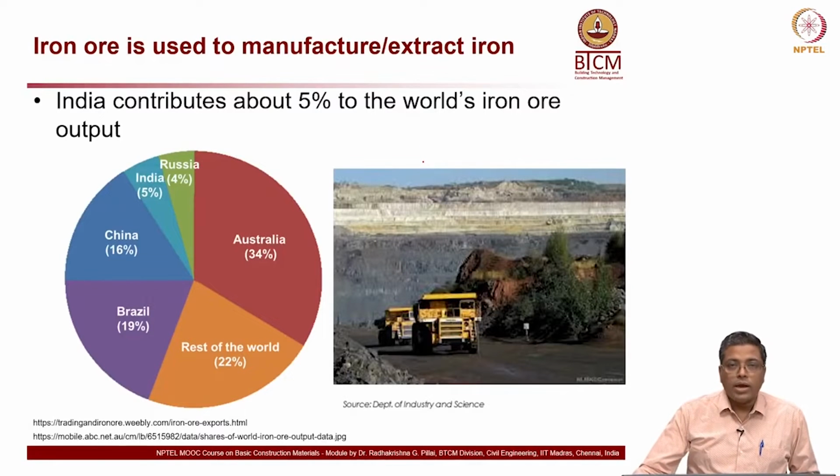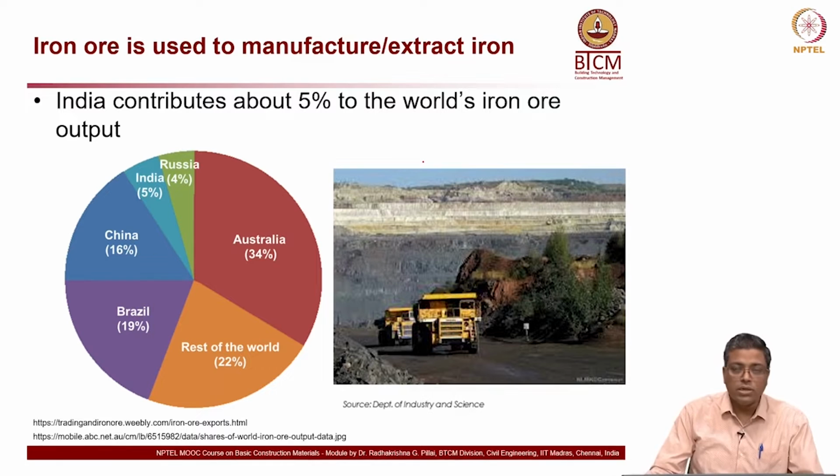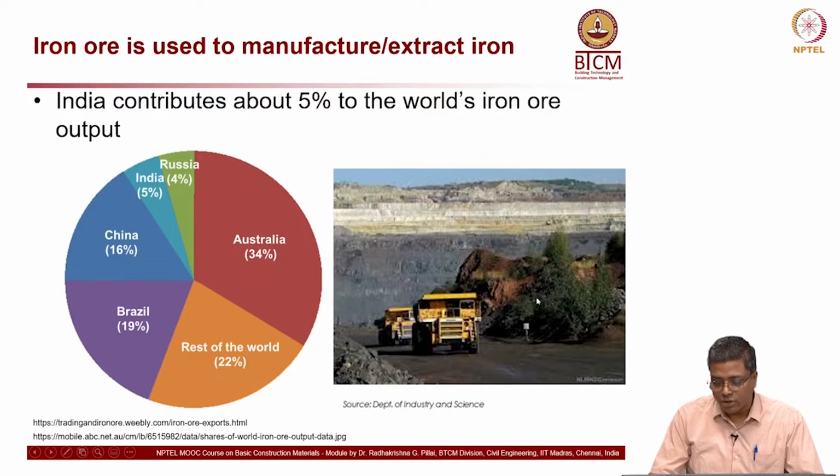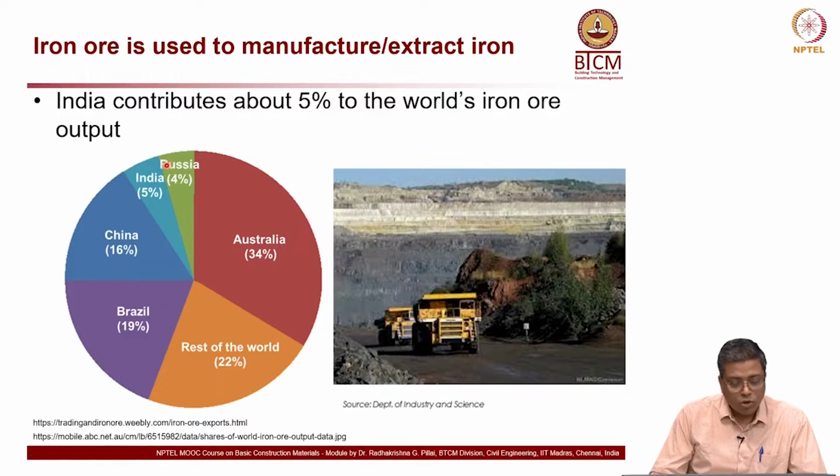Iron ore is used to manufacture iron. The iron ore is hematite, and India contributes about 5% to the world's iron ore output. This is a photograph of a mine in Australia, and you can see this pie chart on the left side, which shows the contribution by various countries towards iron ore extraction.